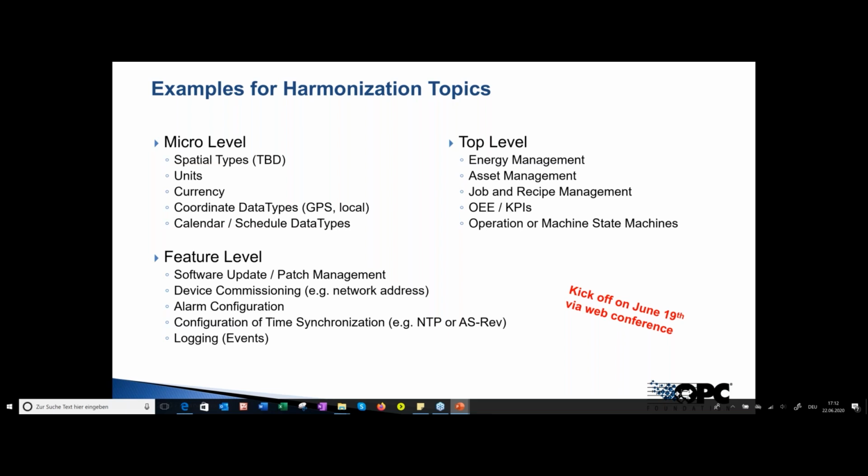Like each machine might have an energy management interface or asset management, or you want to have standardized information about the status of the machine and its operation, software update, patch management, and so on. All these are information which are standardized now, and please follow our detailed presentation later this week on the main conference on this topic.